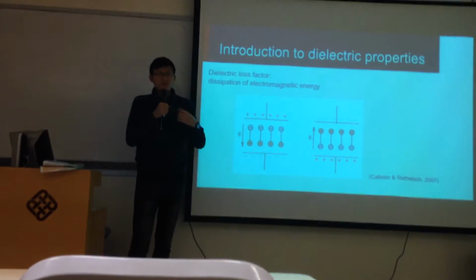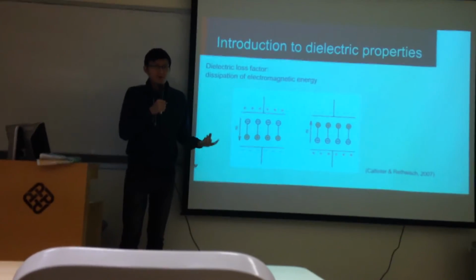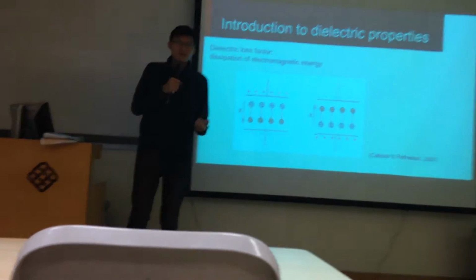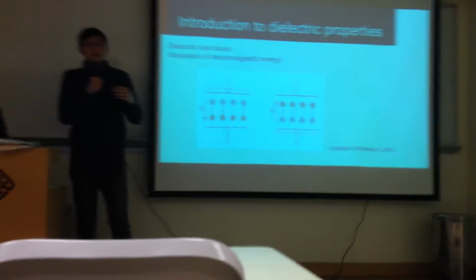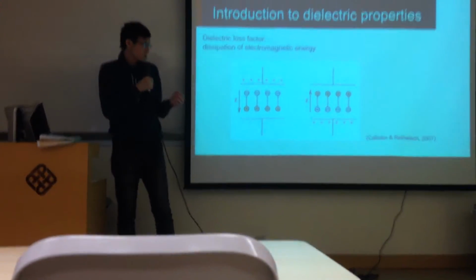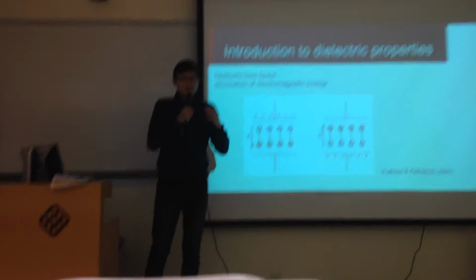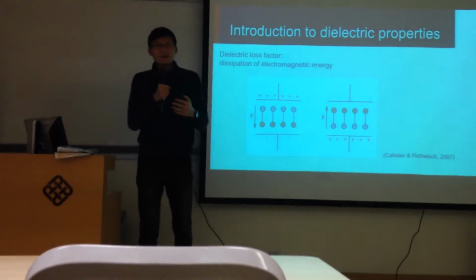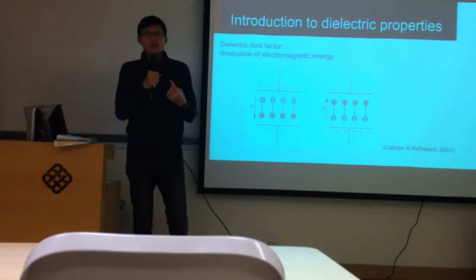However, the rotation of the dipoles may not be instantaneous because the charge carriers have mass. So therefore, the electric field has to do work in order to move the molecules. And so the rotation of the dipoles could lag behind the changing of the electric field.